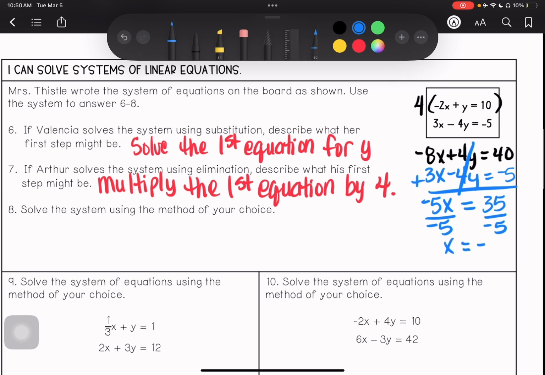x equals negative 7. Now I'm going to substitute x into the first equation. So I have negative 2x plus y equals 10. In the place of x, I'm going to put negative 7.